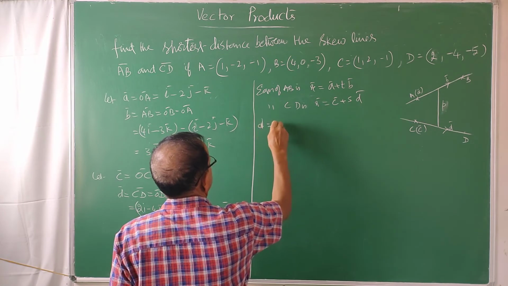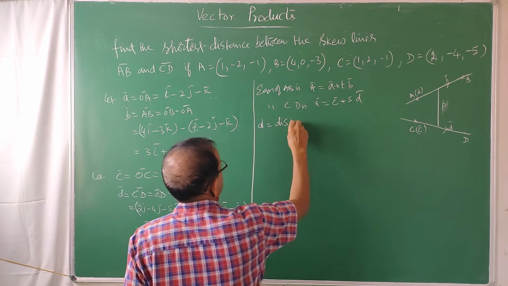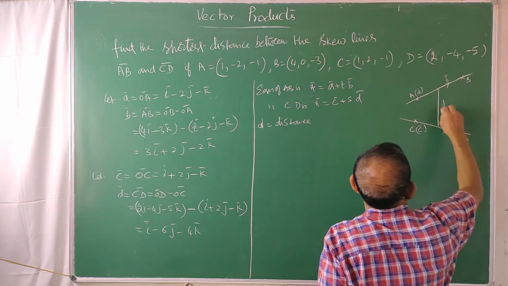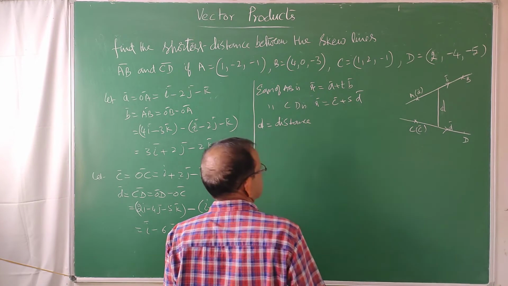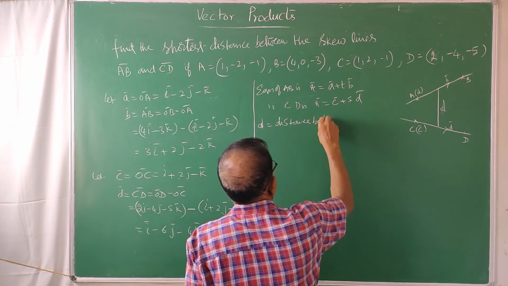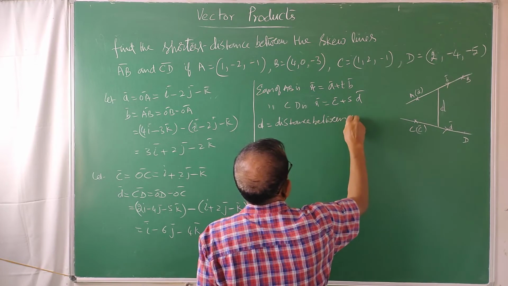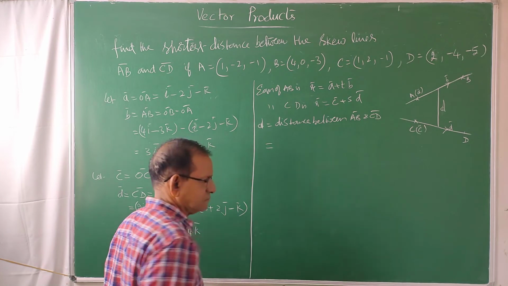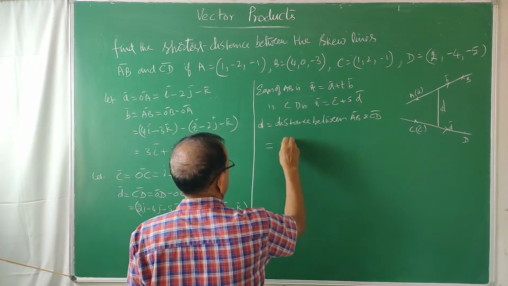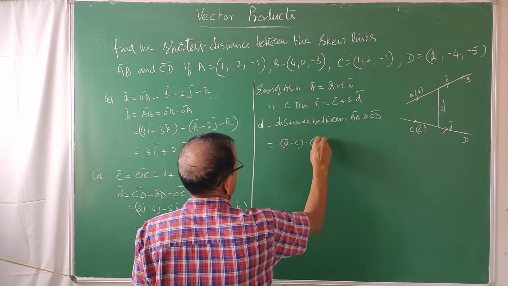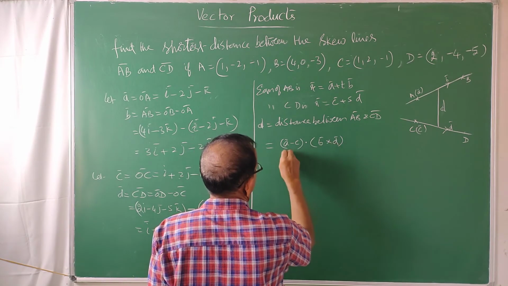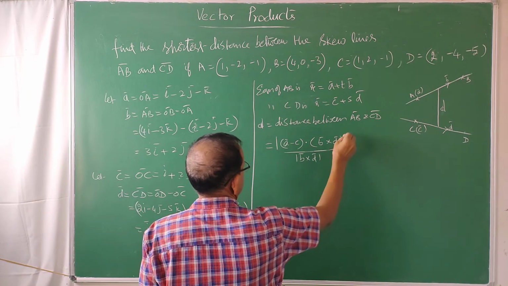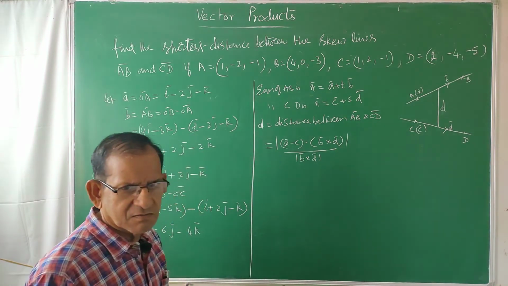D is equal to the distance between AB bar and CD bar, which is equal to the modulus of A bar minus C bar dot B bar cross D bar, divided by the modulus of B bar cross D bar. We take the modulus in the numerator also, because distance is always positive.